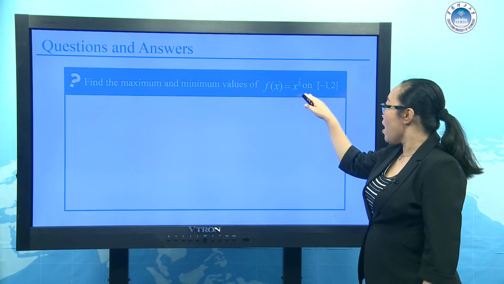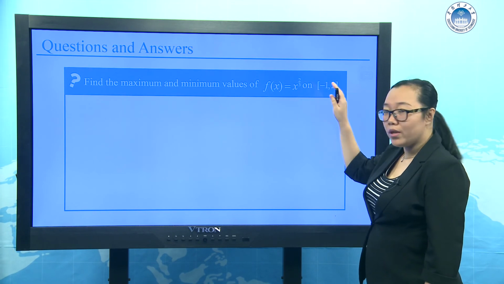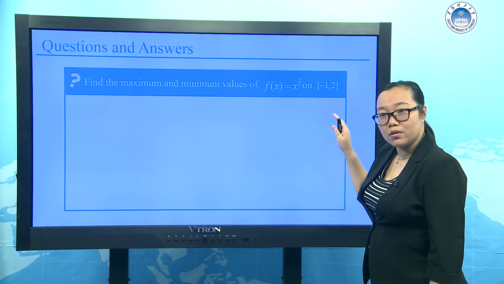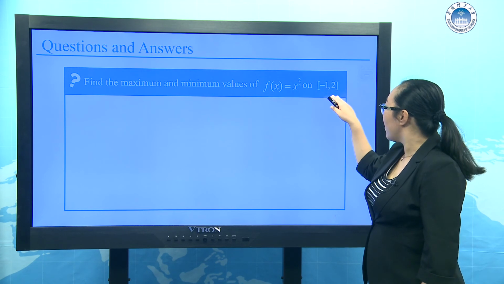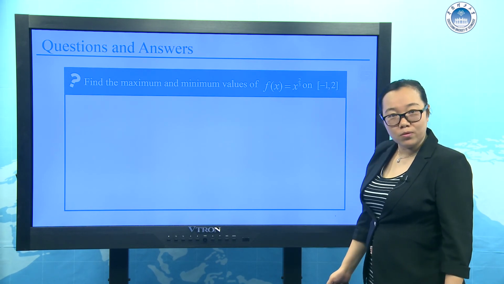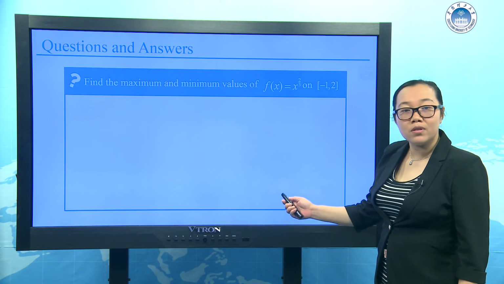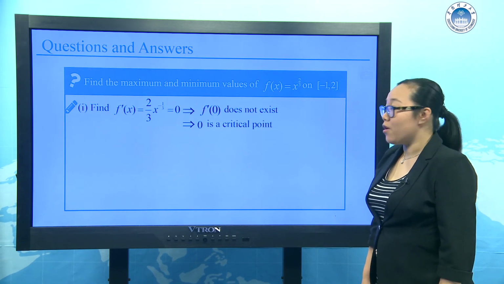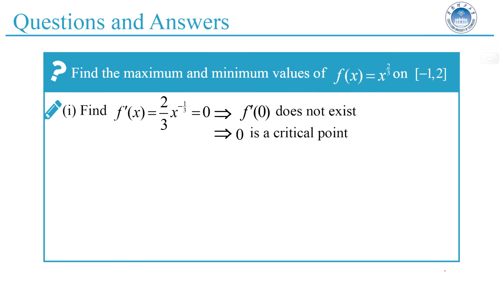f(x) equals x to the power 2 over 3 on the given closed interval from -1 to 2. How to do? Yes, according to our summary. The first step, try to find f prime x. This question is very easy.